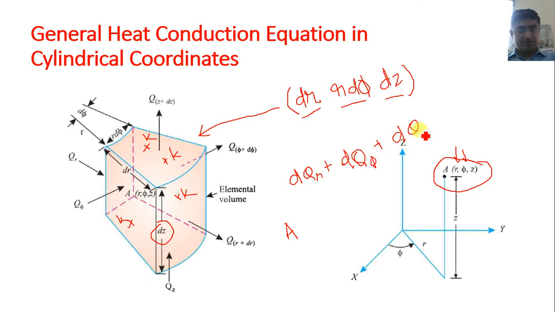These three terms become the integral part of portion A, the heat interaction in the r, phi and z directions. Plus we have to add the amount of heat generated inside this volume element, qg, which becomes the B part of our equation.